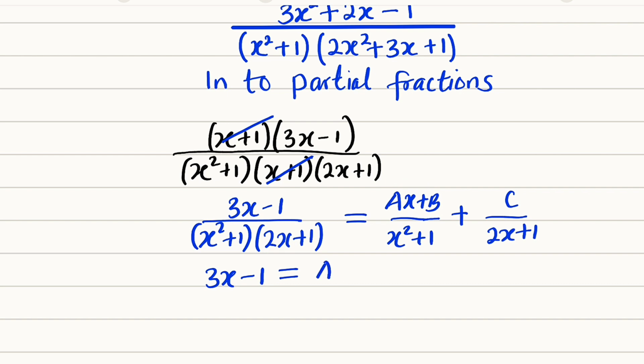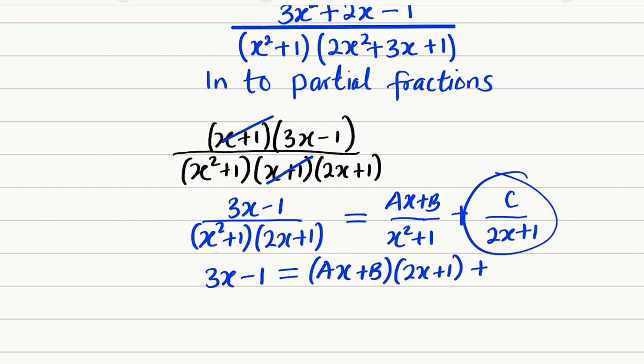So we have ax plus b multiplied by 2x plus 1. Then we add. Take this, multiply by these two factors. 2x plus 1 will cancel 2x plus 1, leaving x squared plus 1 multiplied by c. So we have c multiplied by x squared plus 1.